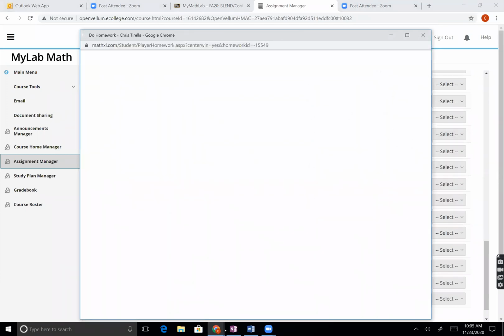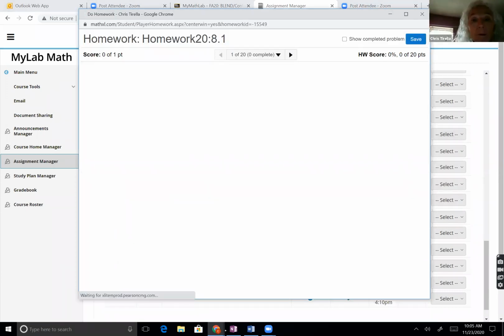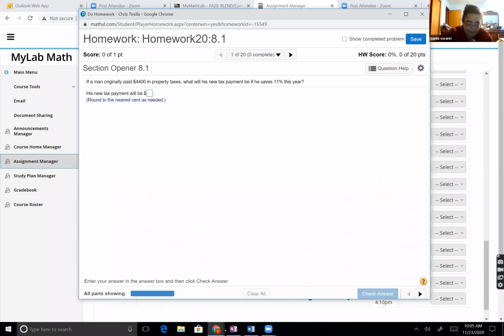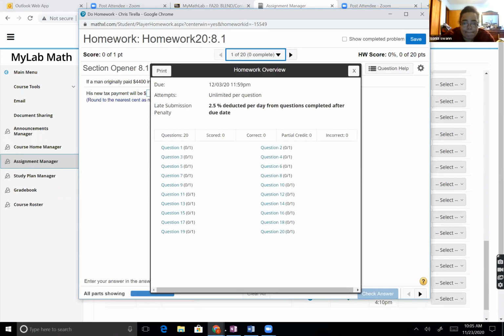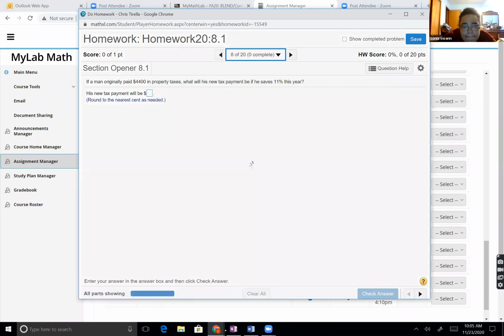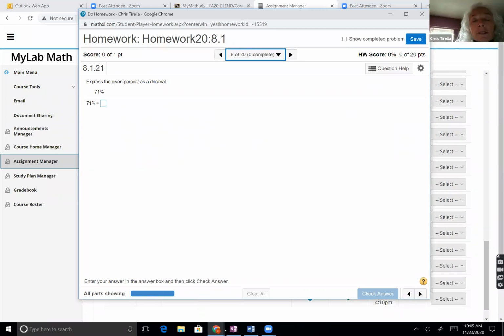Question 11? Question 8, okay. To change the percent to a... nope, I have the wrong one. I'm sorry, it's question 8. For me, it's 3/8%, and to give the percent as a decimal.